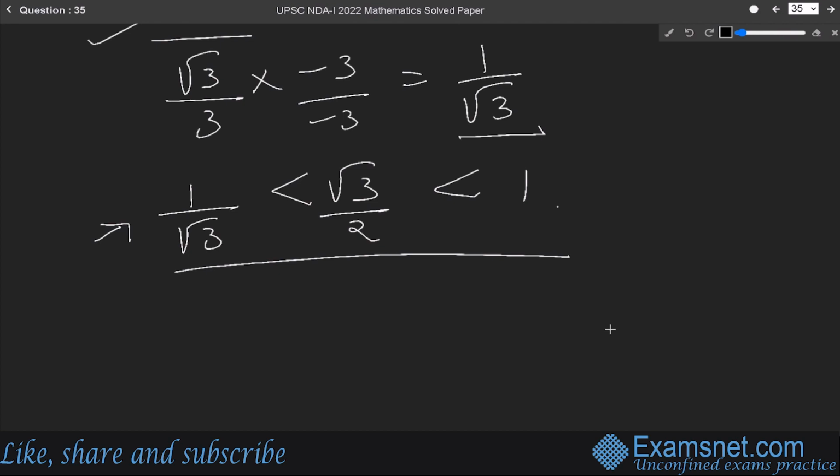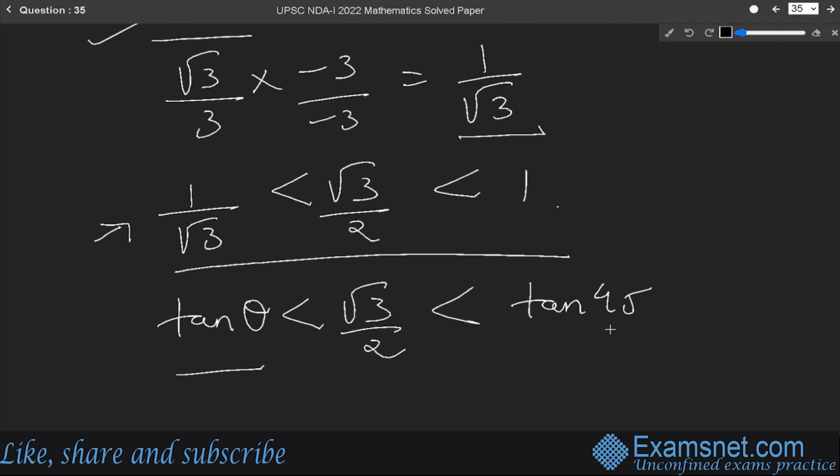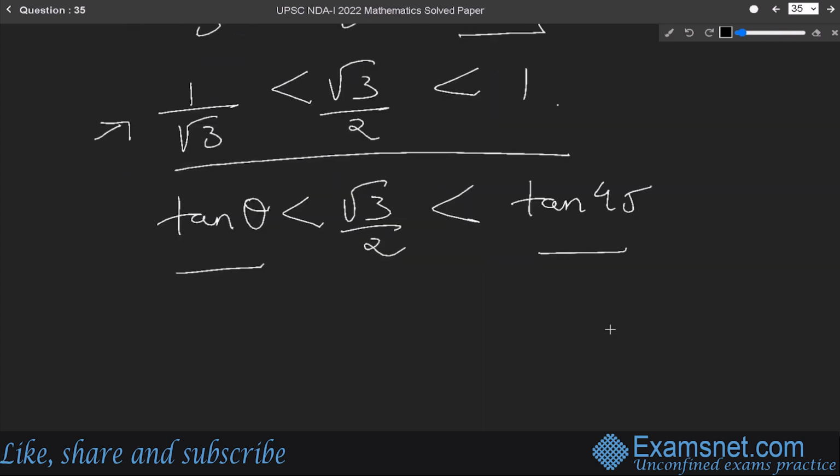Now I know that 1 by root 3 is tan theta, so I can write here tan theta. And 1 is tan 45. So I can say that root 3 by 2 lies between tan theta and tan 45. Now there is one more basic thing which is remaining here.